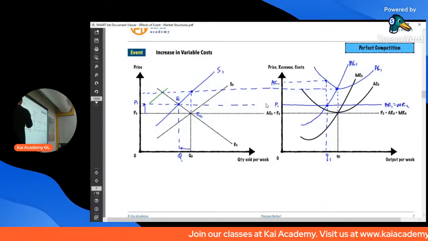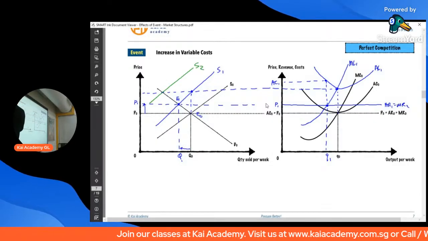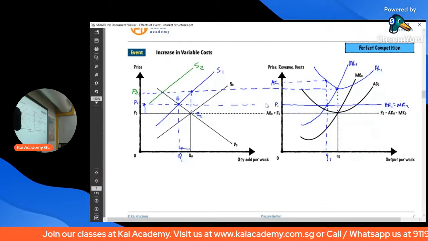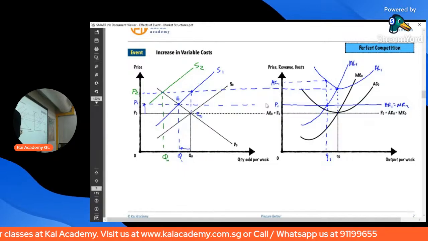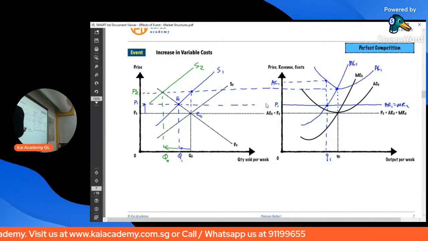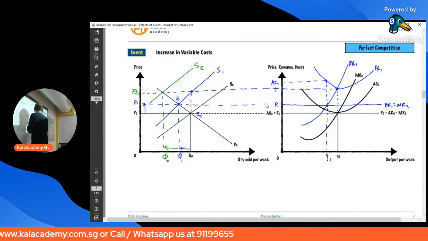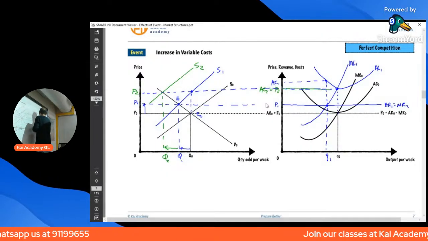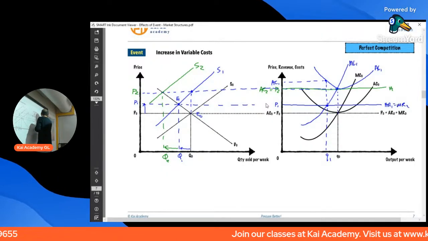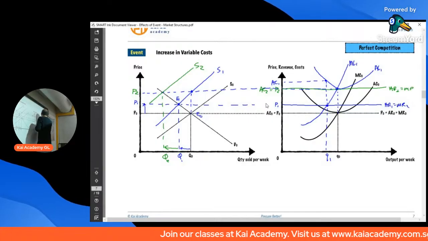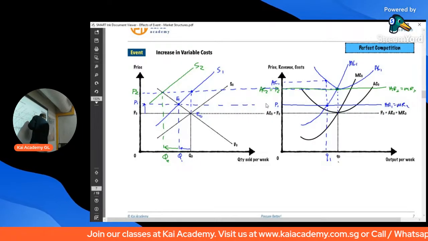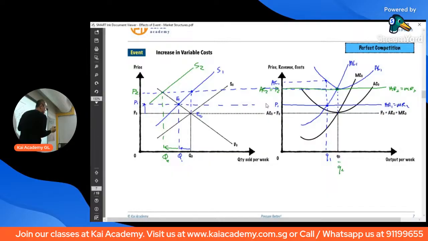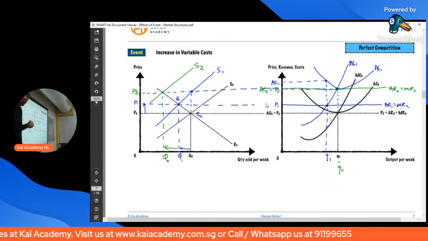That means the market supply must shift all the way until here to get us to P2, Q2, and then each firm, being a price taker, will earn only normal profit back at the original quantity.